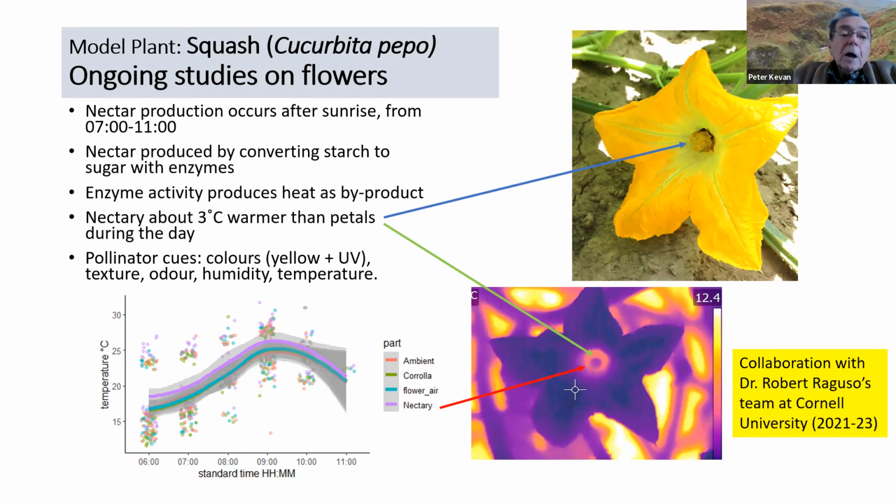So we found the nectaries seem to generate their own heat. So it's probably a metabolic effect brought about by the nectar being converted from starch as the flower opens. And the flowers are only open for a day. So it's an important period of time from a point of view of pumpkin and squash production. Next.